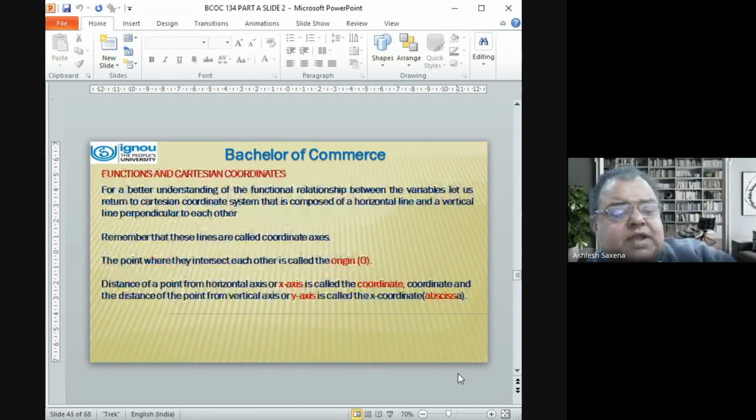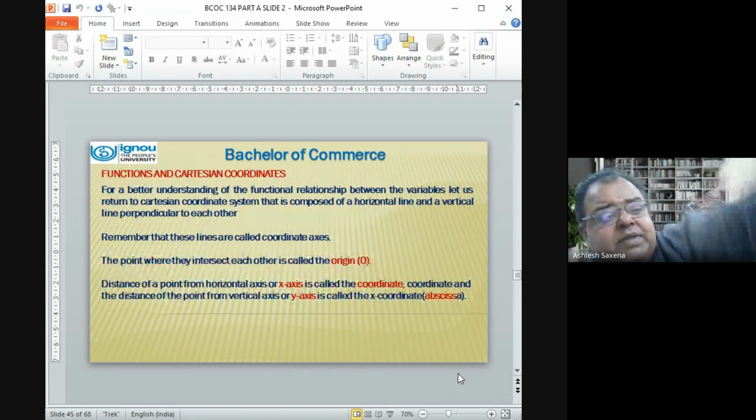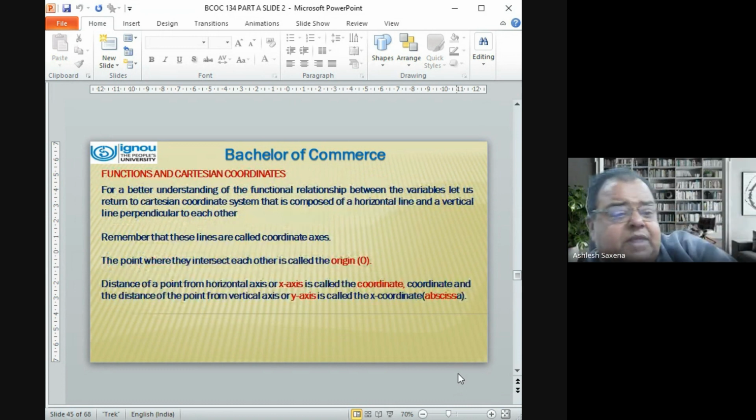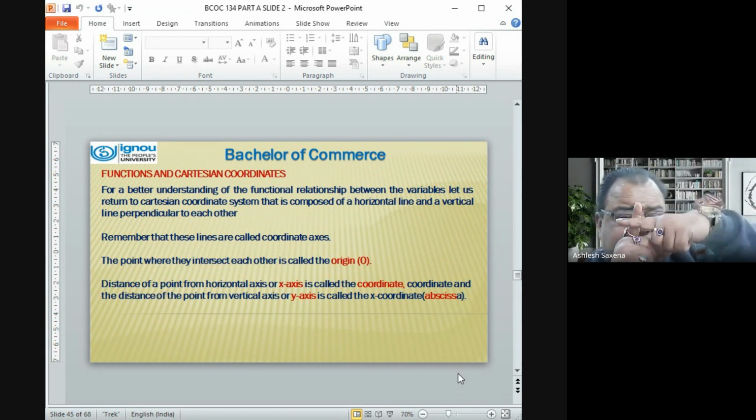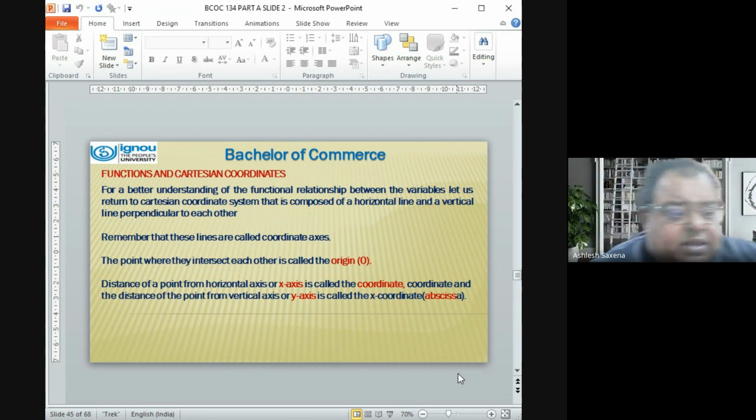Functions with Cartesian coordinates. That means they will be plotted on a graph. All the distances will be measured from 0. For a better understanding of the functional relationship between the variables, let us return to the Cartesian coordinate system, which is composed of horizontal lines and vertical lines drawn perpendicular to each other. That means they are crossing like this. Remember that these lines are called coordinate axes.